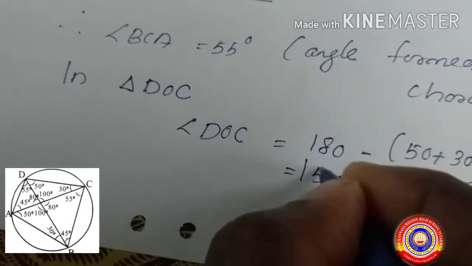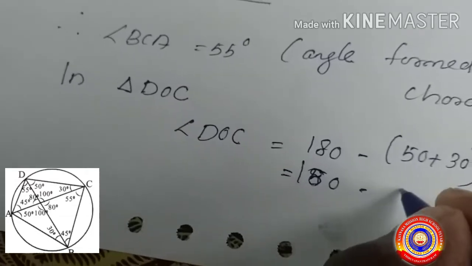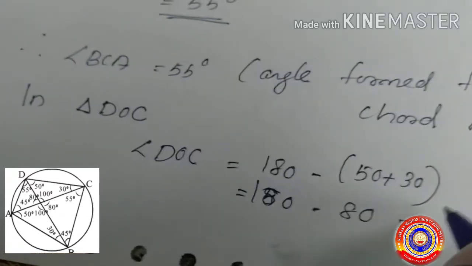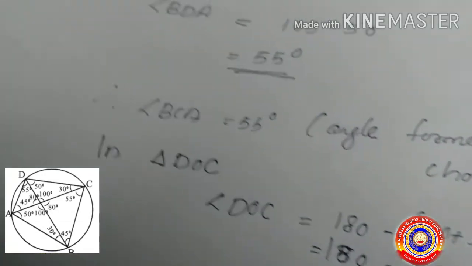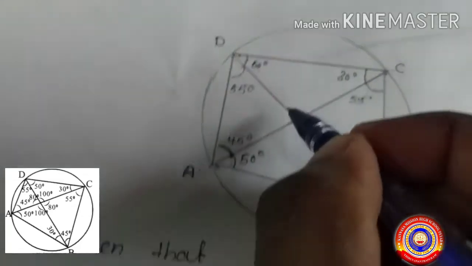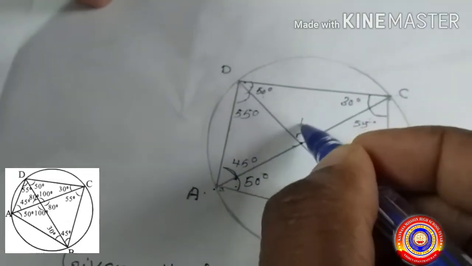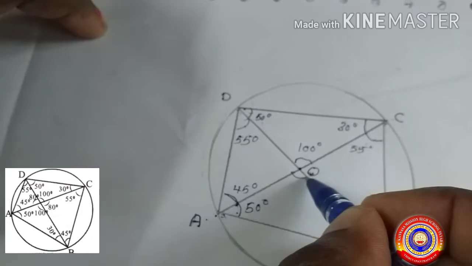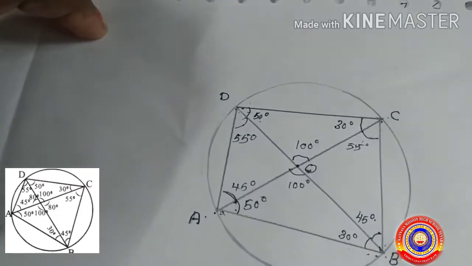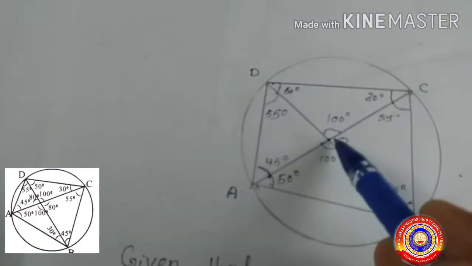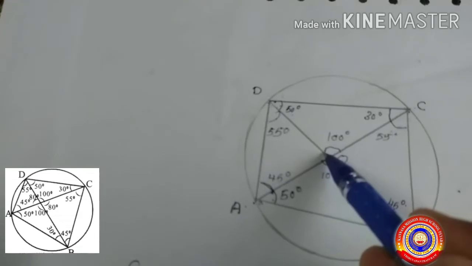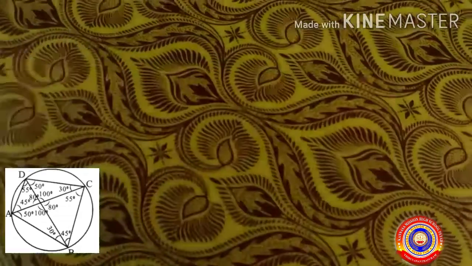So 180 minus 80 equals 100 degrees. So angle DOC equals 100 degrees. So angle AOB equals 100 degrees, because they are opposite angles. Opposite angles are equal.